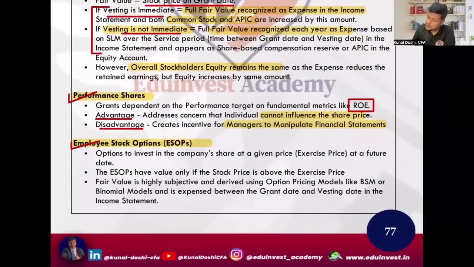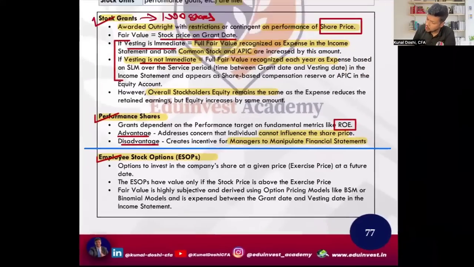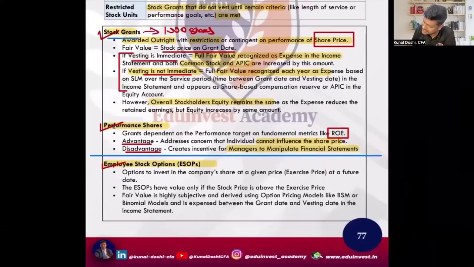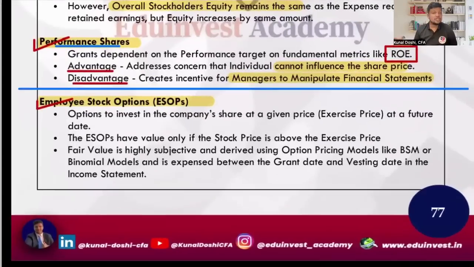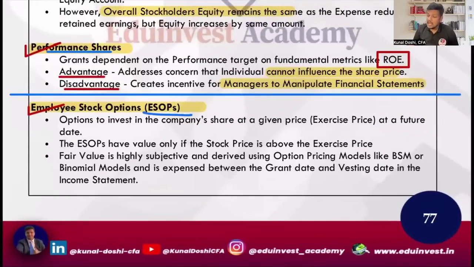Now see, in the first two cases, does the company pay any cash in stock grant or performance shares? Does the company pay cash? Is there a cash outflow for the company? No. In ESOPs, there is no cash outflow for the company, but there is a cash inflow because these are stock options.